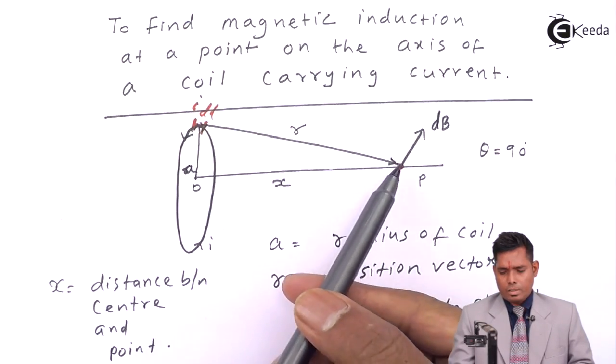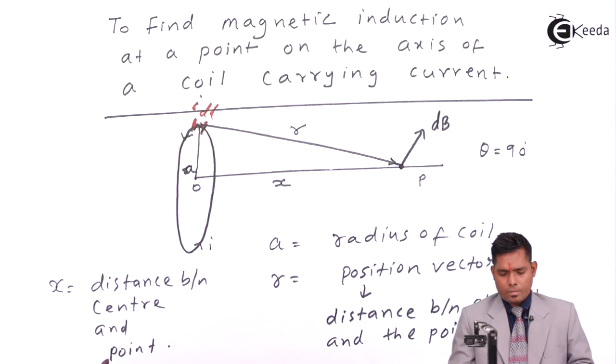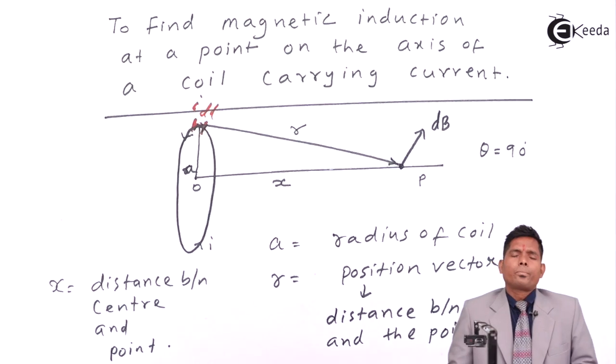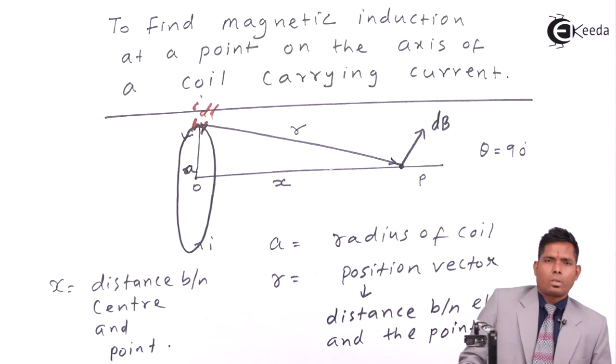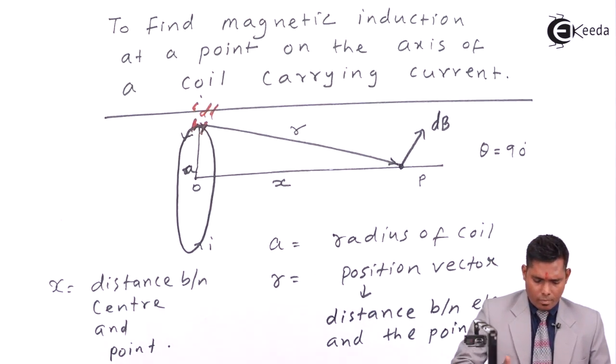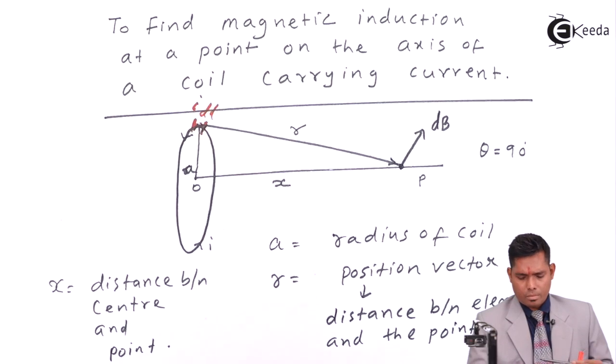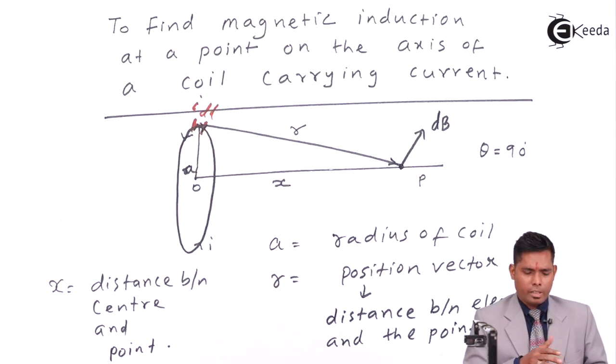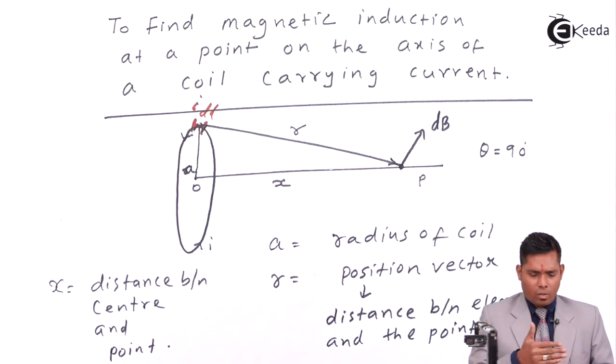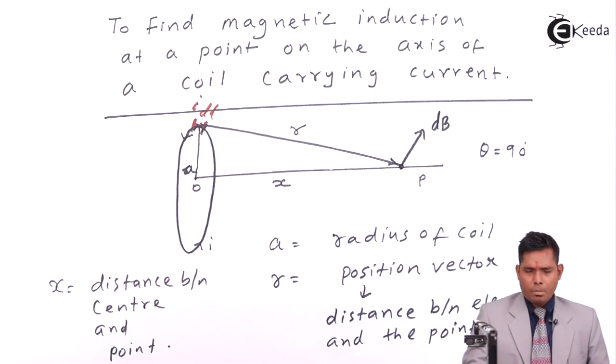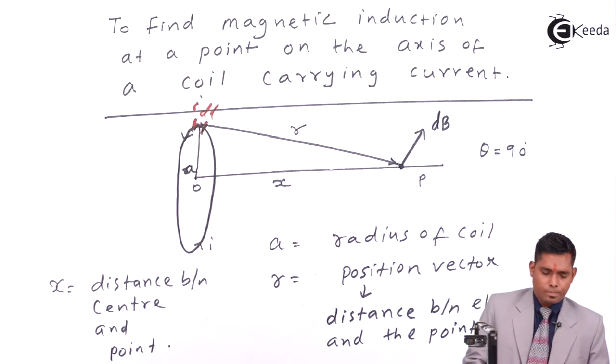As you can see here, it's like this. This is perpendicular to this and also perpendicular to this. That is the concept of cross product, that this vector is perpendicular to this as well as this. So any vector lying on this plane, this will be perpendicular to these two.